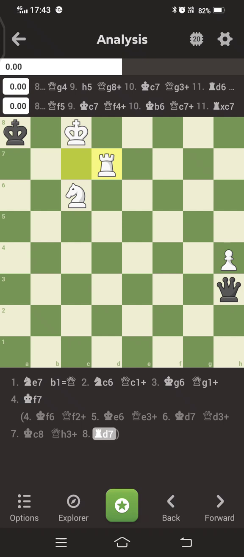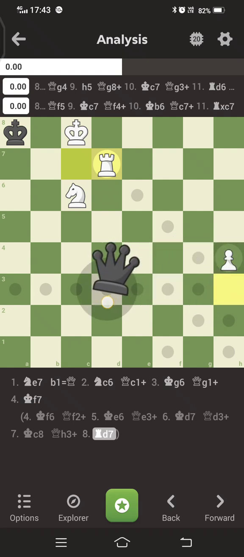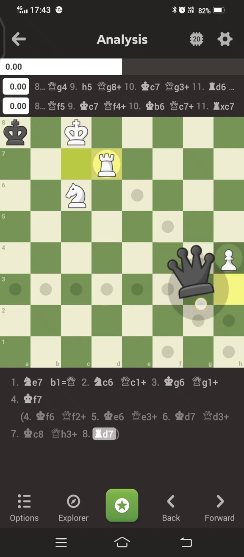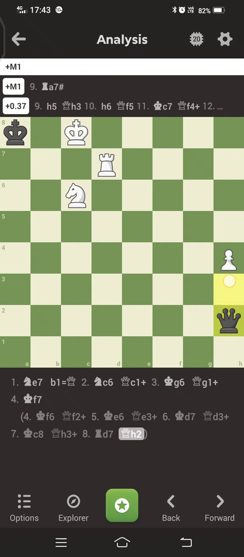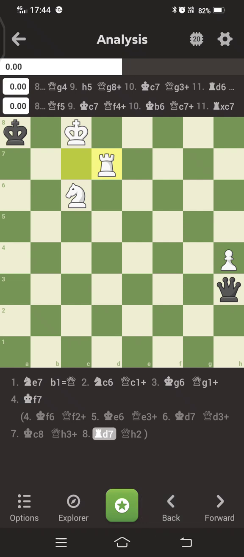Now at this position queen can't take the pawn, and queen can't give check to white king from anywhere.